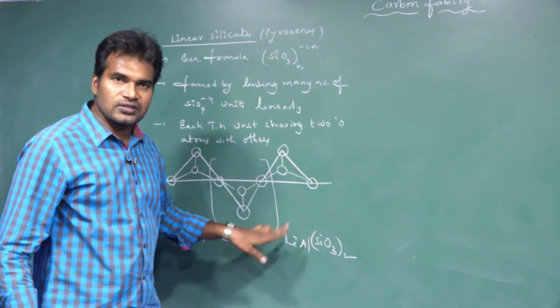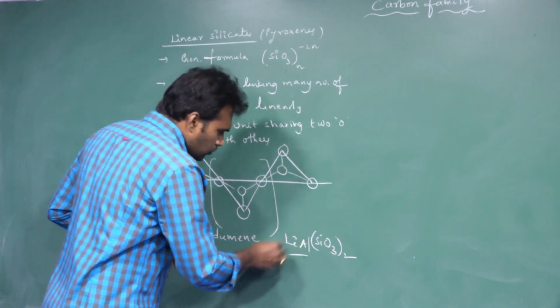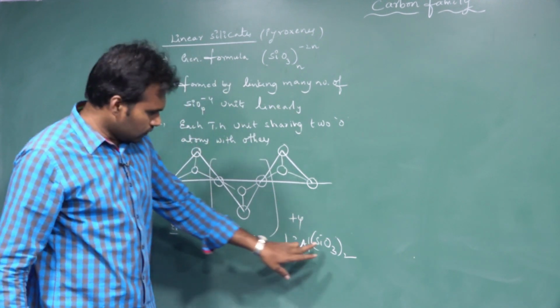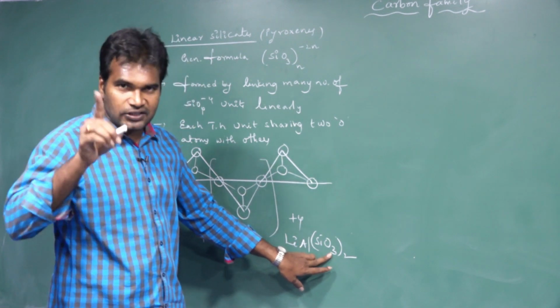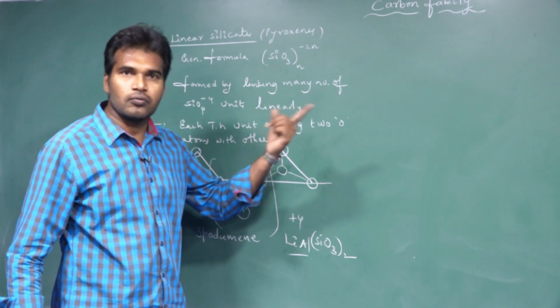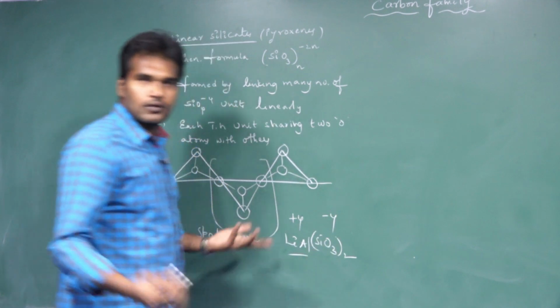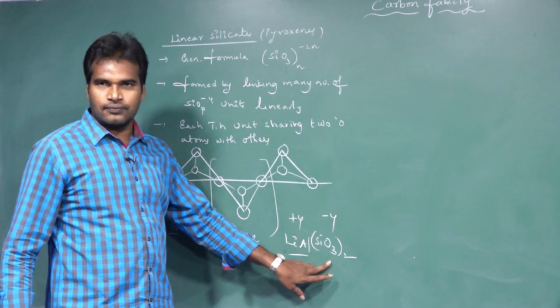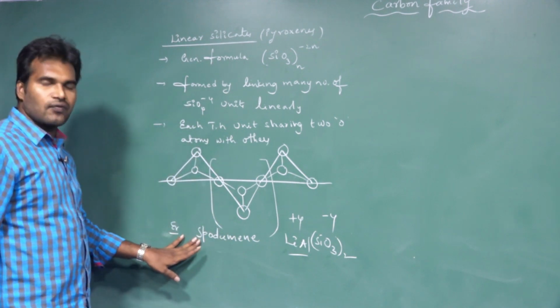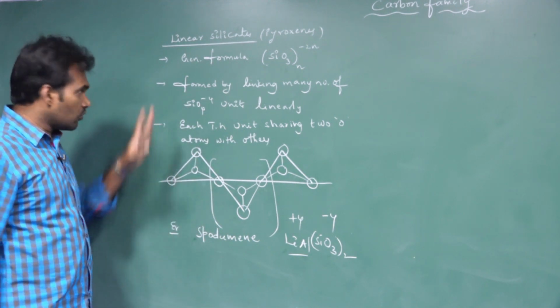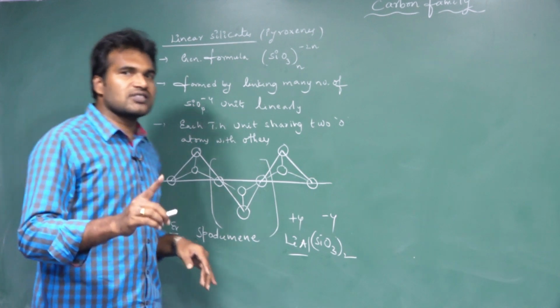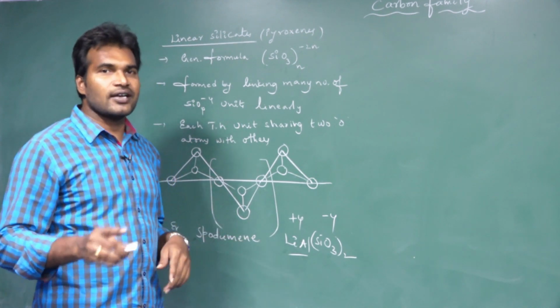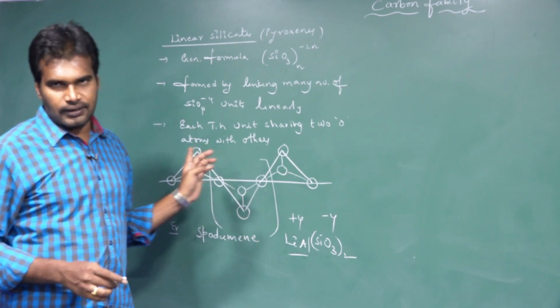Total overall positive charge is +4. SiO3, each one is having -2. How many silicates are there? 2. 2 into -2, -4. Neutral. So lithium aluminium silicate is the general formula of spodumene. So in linear silicate, each silicate unit is sharing how many oxygen atoms? 2 oxygen atoms. Remember that.